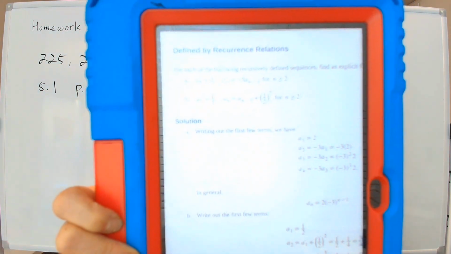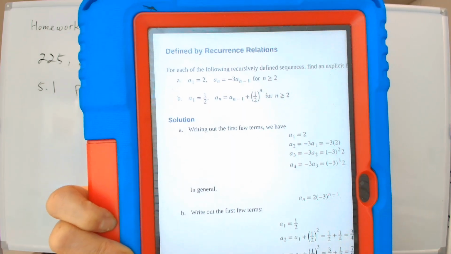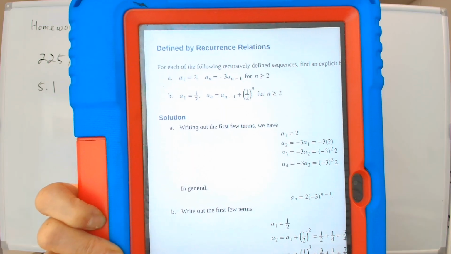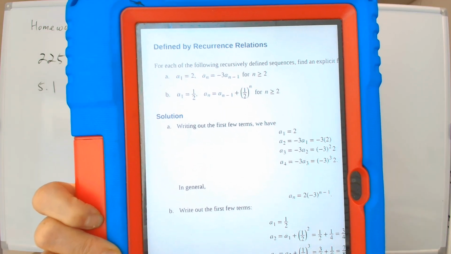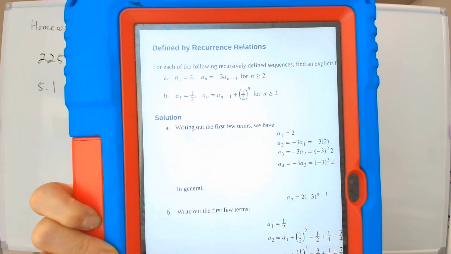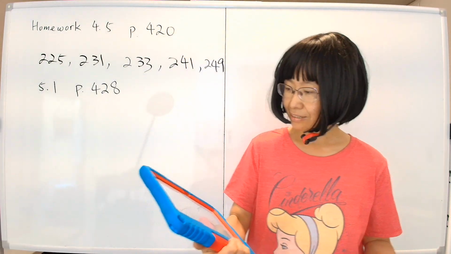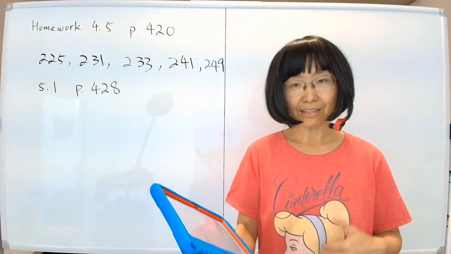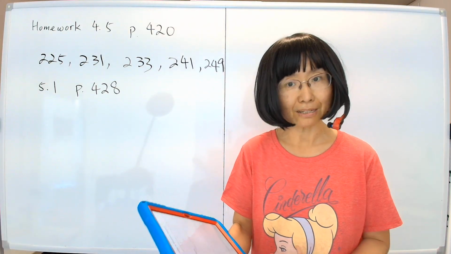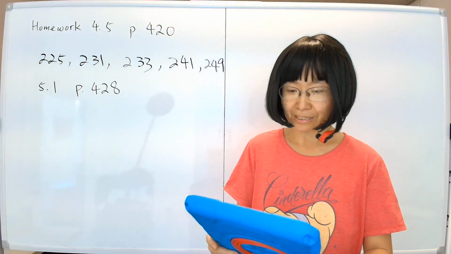A1 is some fixed number, and from that point on, An equals minus 3 times An minus 1, that is, the term before it. So what is A2? A2 is minus 3 times A1, which is minus 6. And then A3 is minus 3 times A2, which is positive 18, and so on. You just keep going.